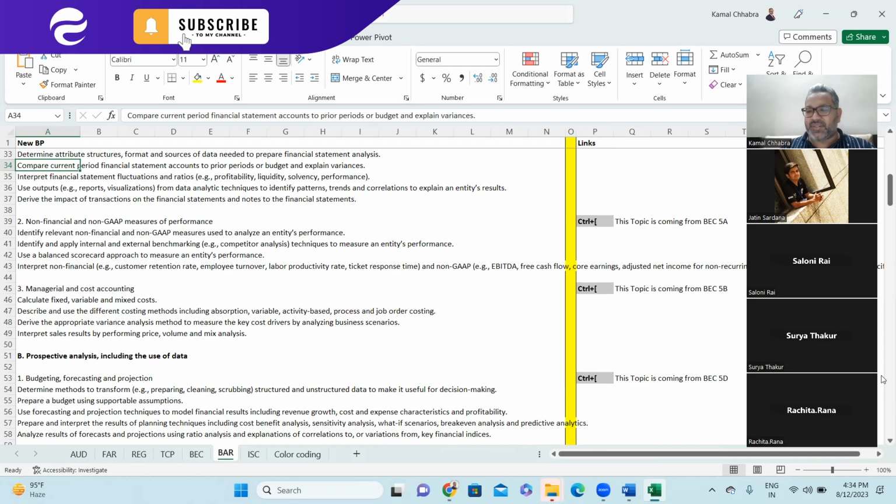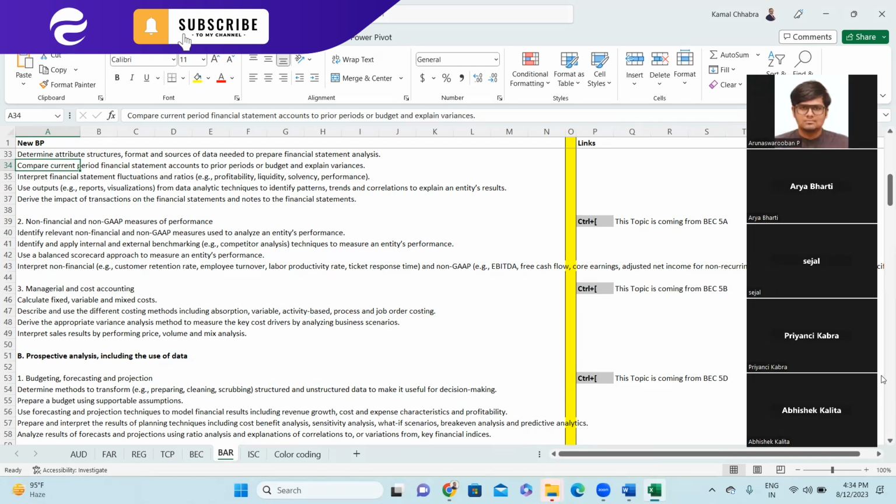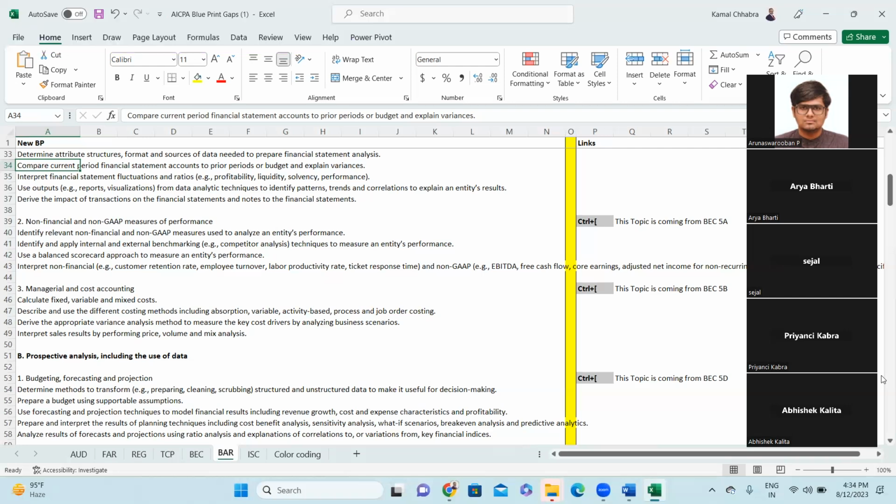Yeah, Rachita, Surya, Saloni. Evaluating the cost of a project and how beneficial it will be for the business, and whether that cost matches the benefits that will come out of it. Okay, that's cost-benefit analysis, you mean to say? Yeah. Anything else?